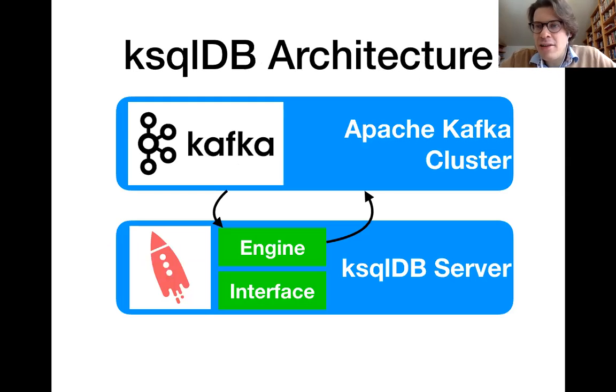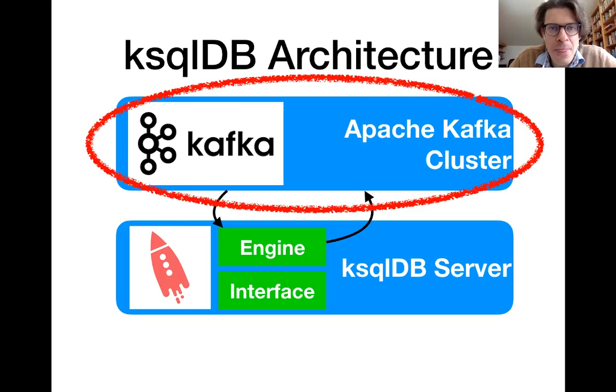So ksqlDB uses several components that it is based upon. So we're going to discuss those components too. ksqlDB in particular is based on Apache Kafka. And first of all, we're going to discuss a little bit more about Kafka.